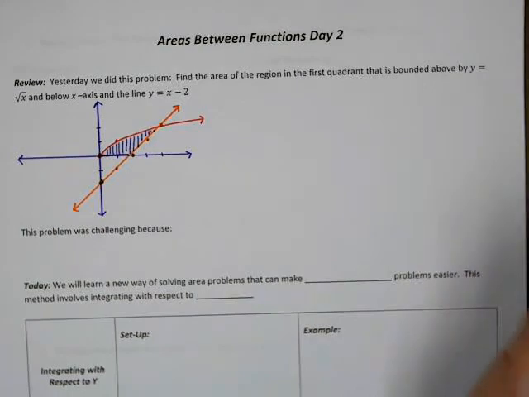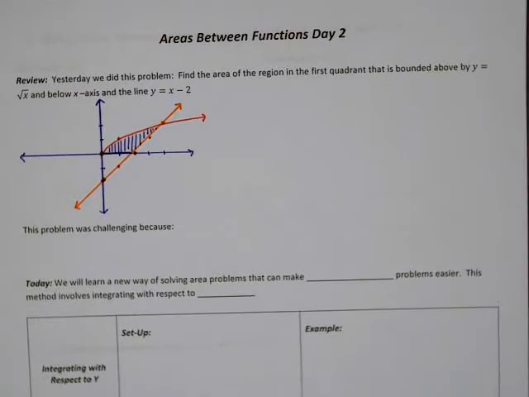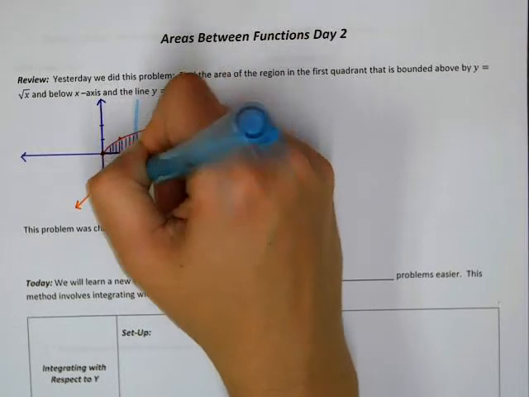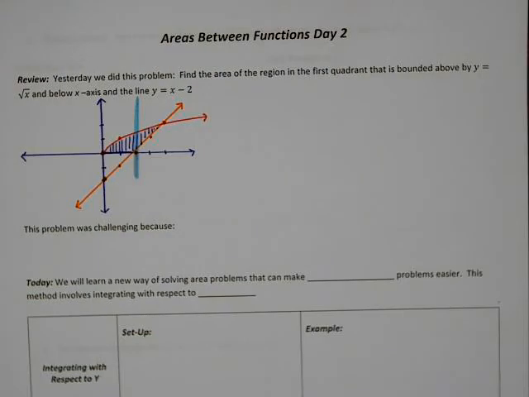Now, when we actually set this up, what we realized was we needed to set this up using two separate integrals. And the reason we needed two separate integrals is because we always have to look for the top and the bottom function. But when x is equal to 2, the top function and the bottom function of the region we're examining changes.